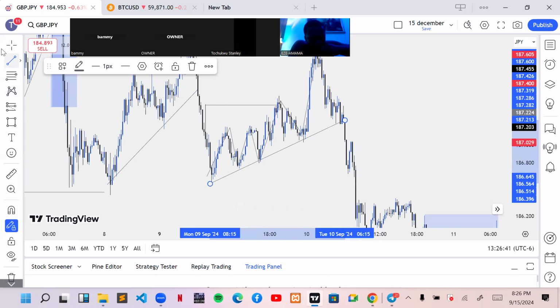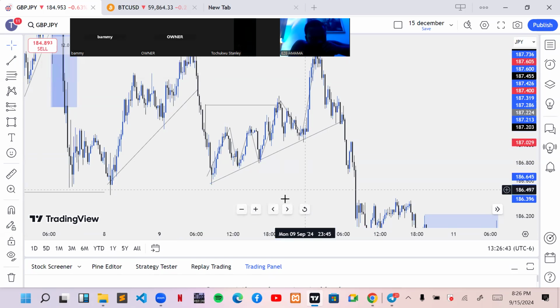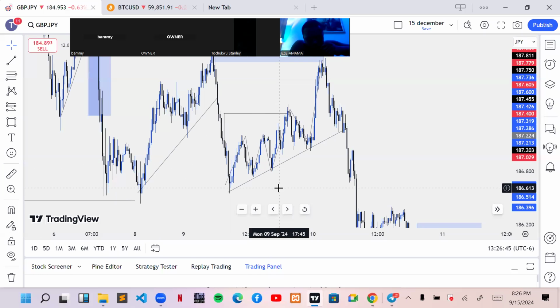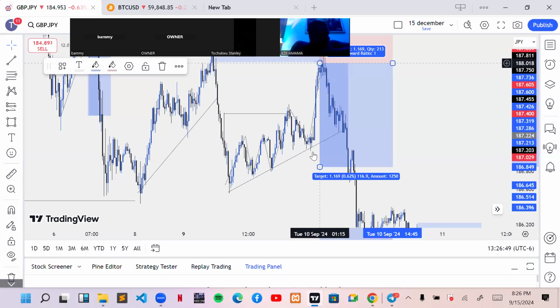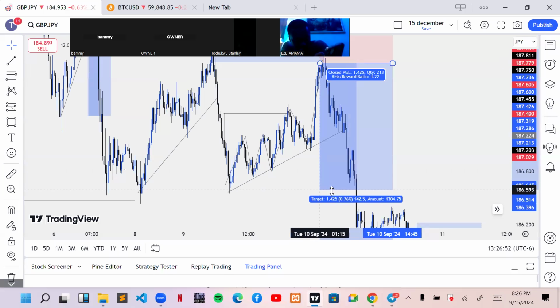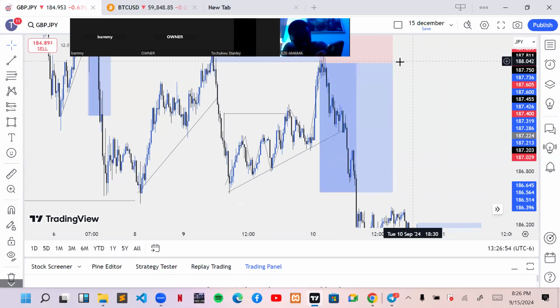So if you start taking your trade, for you to take your take profit, you have to make sure that this entire trend line liquidity gets swept first. So if you take your sell setup here, your take profit should target the entire trend line liquidity right here.